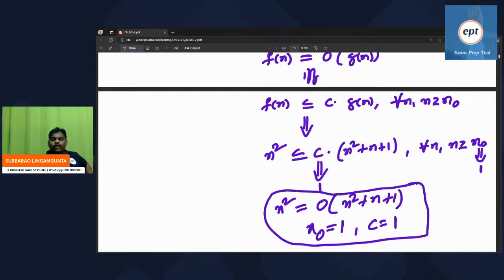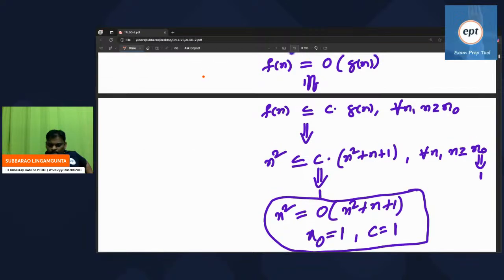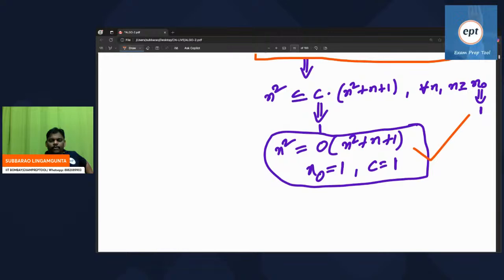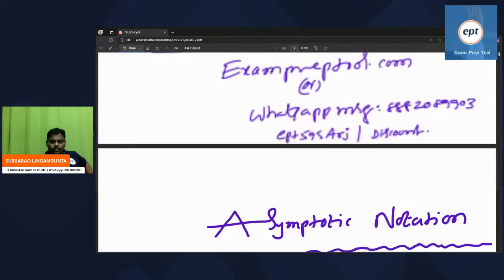So this is the answer. Big O notation has one condition. If you can satisfy this condition, then you can say that between those two functions, big O notation holds good. I am able to satisfy it, so I can say big O notation is satisfied. Let me know if anyone has any doubt.